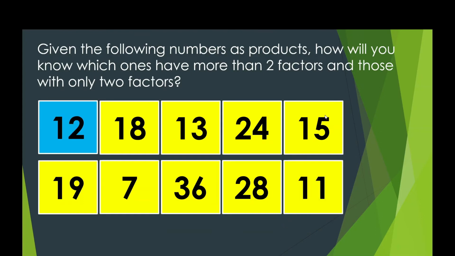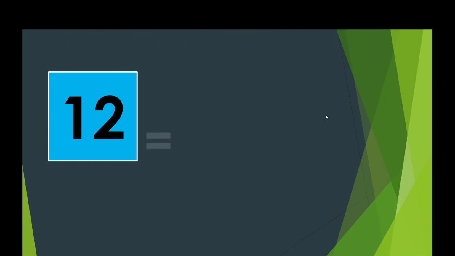Let us begin first with the product number 12. In order for you to find the factors of a certain number, all you need to do is to identify the multiplication sentences of the product number. So the possible multiplication sentences for the product number 12 are the following.